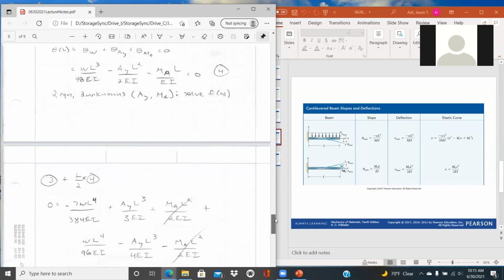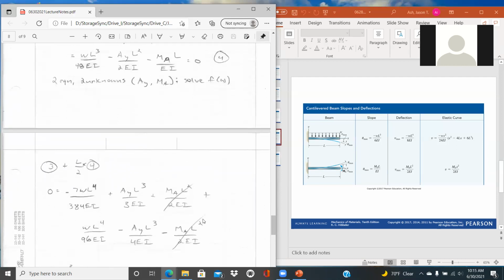And then now adding in the second equation times L over 2, we'll end up with plus a WL to the 4th over 96 EI minus an AYL cubed over 4 EI minus an MAL squared over 2 EI.